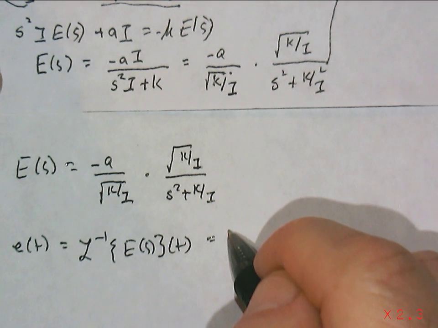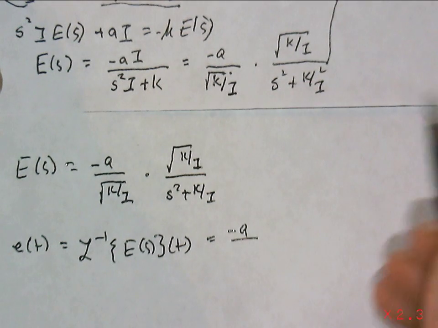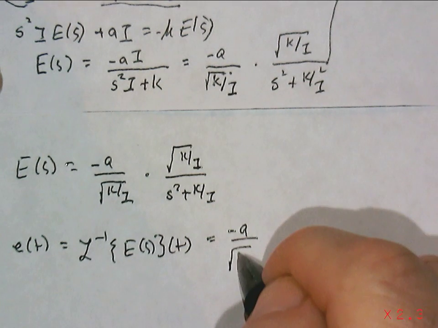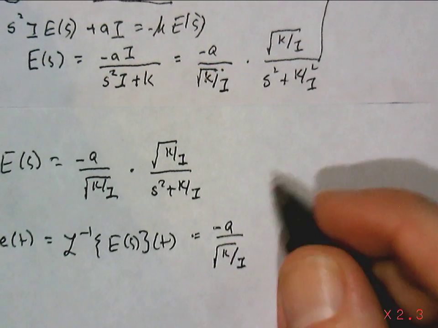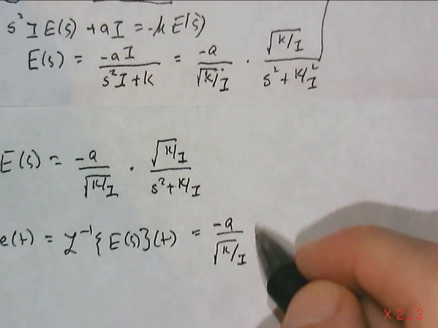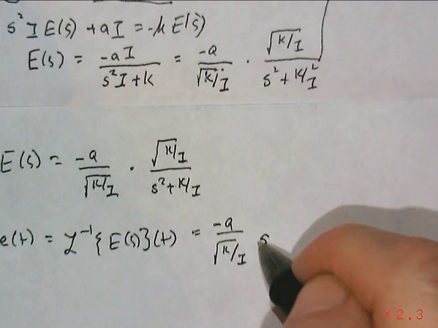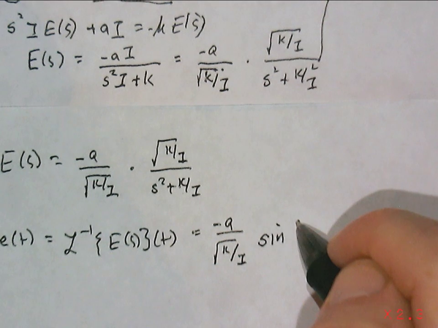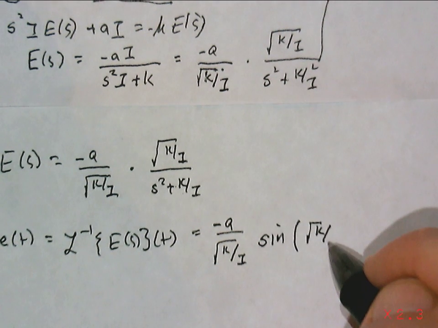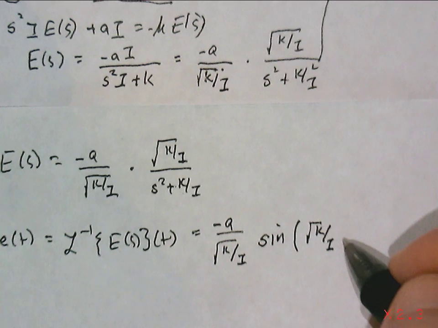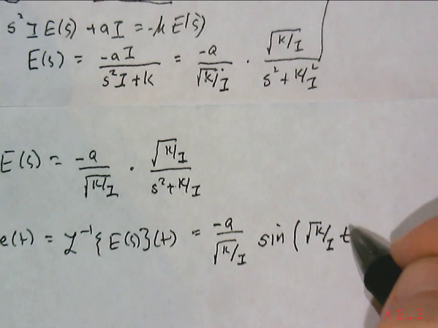Remember, the inverse Laplace transform is a linear operator also, so we pull out that a term divided by the square root of the proportionality constant divided by the moment of inertia. Then we see this form perfectly matches the sine form, the sine of the square root of k over I times t.